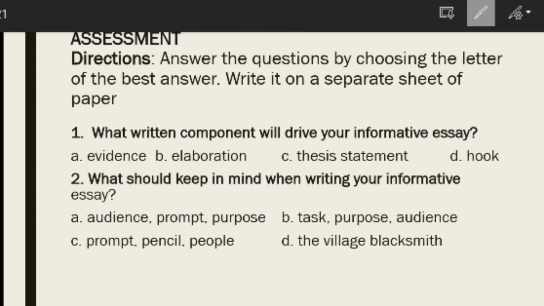Answers. Number 1, letter C, thesis statement. Number 2, the correct answer is audience, prompt, and purpose.